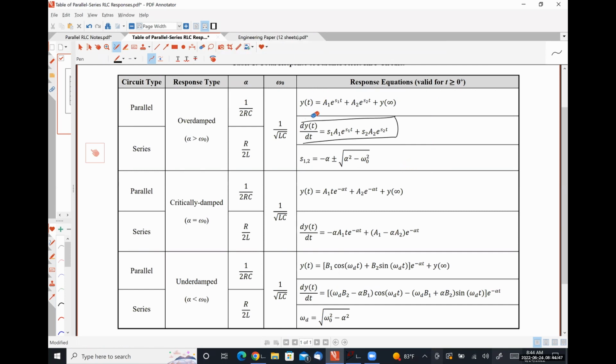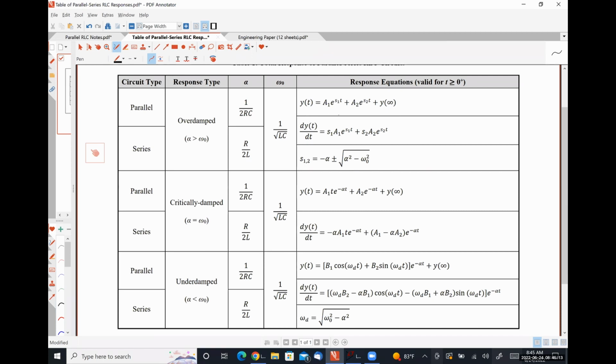So anytime alpha is greater than omega naught, we have an overdamped response. For a parallel RLC circuit, alpha is given by 1 over 2RC. For a series RLC circuit, alpha is given by R over 2L. For both parallel and series RLC circuits, omega naught is given by 1 over the square root of LC.